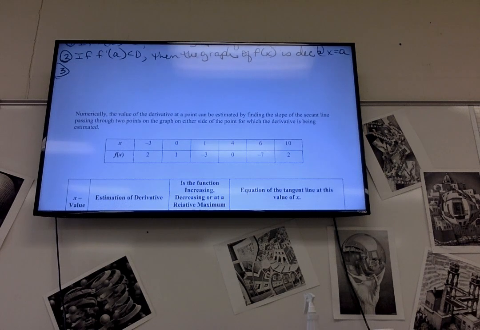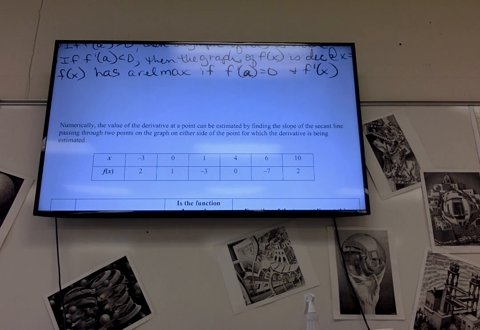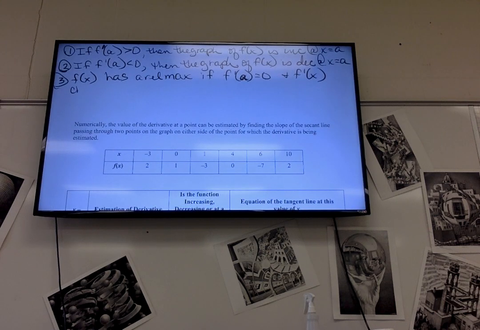All right. So f of x has a relative max if f prime of a equals 0, and f prime of x changes from positive to negative.